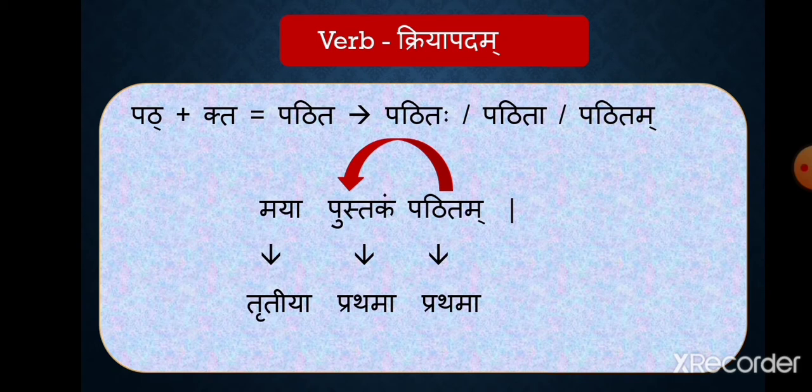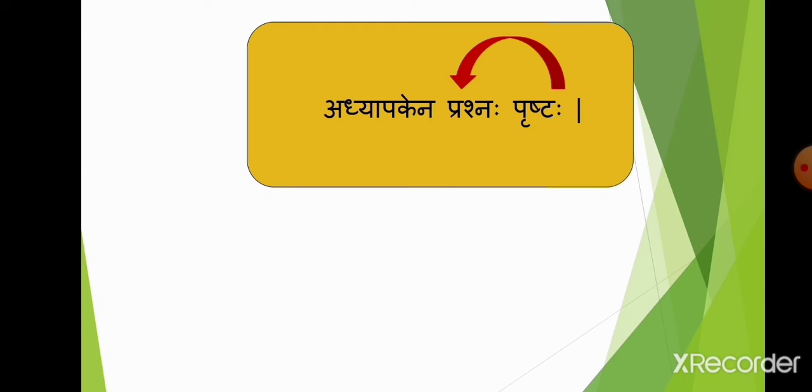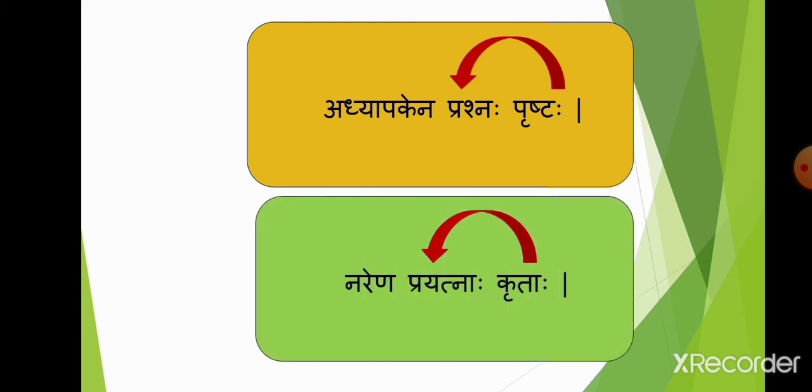Let me take you to some more examples. Adhyapakena prashnah prushtah. In this sentence, the word prashnah is used in pullingam ekavachanam, so the word prushtah is also used in pullingam ekavachanam. Narena prayatnaha krutaha.